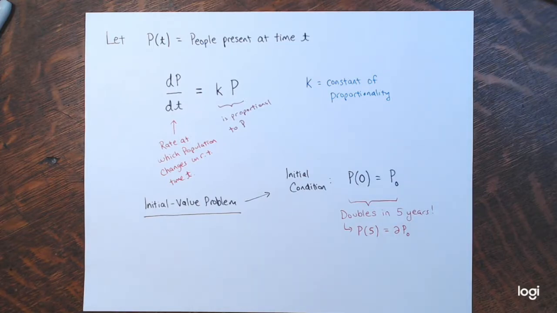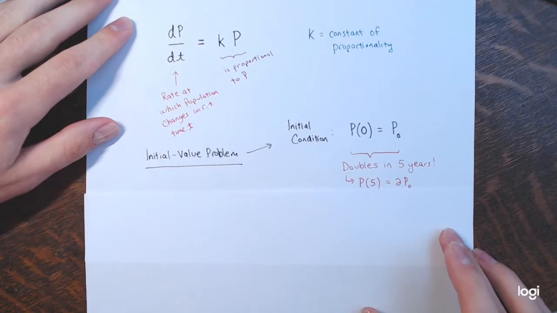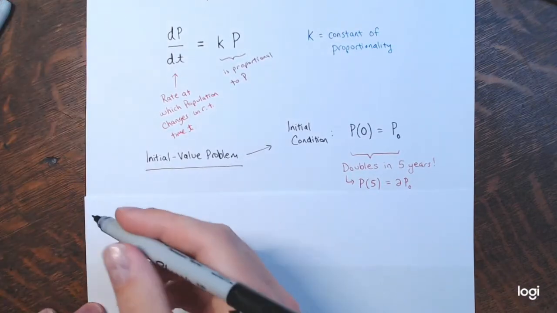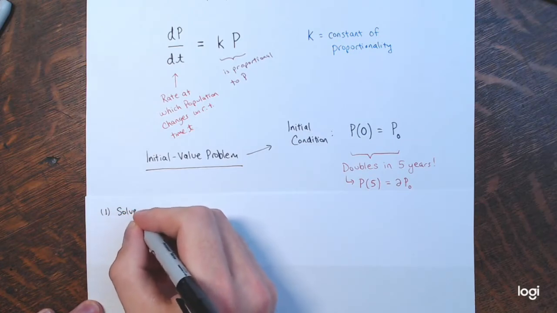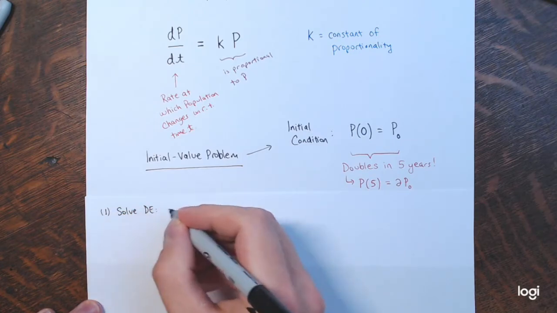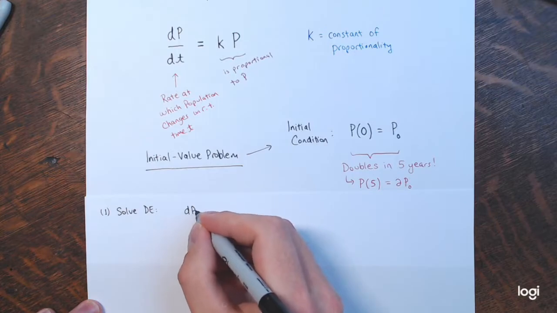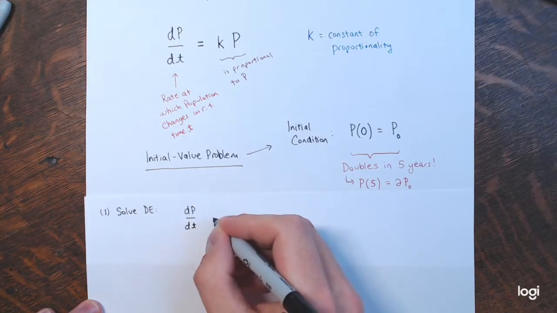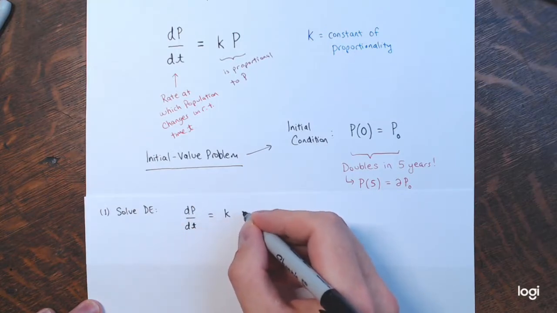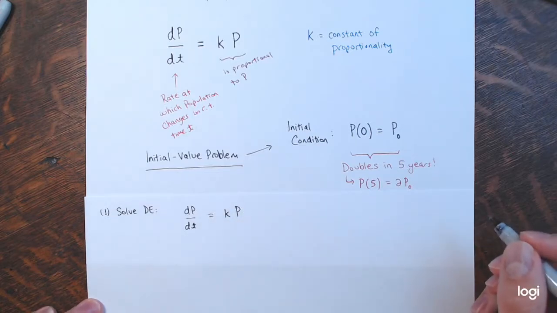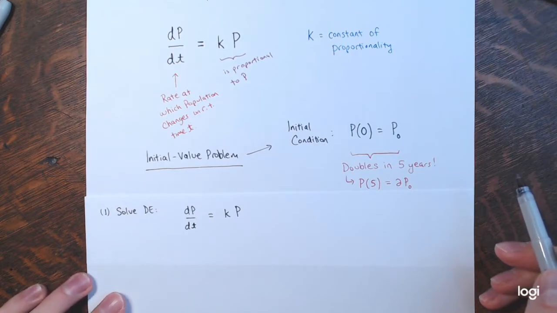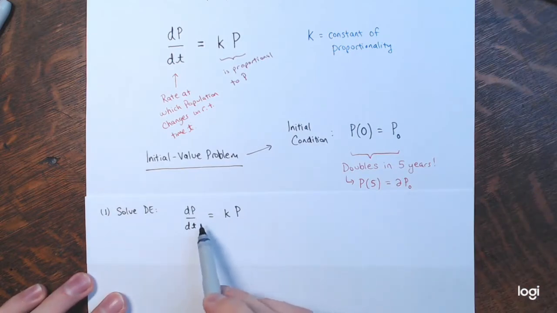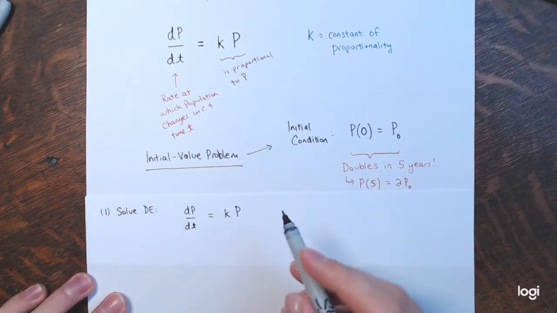So that's what I'll start with. We'll solve the equation. So step one, I'm solving the differential equation dp dt equals some constant k times p. Again, you can think of this as separable. You could also note this is a first order linear differential equation.